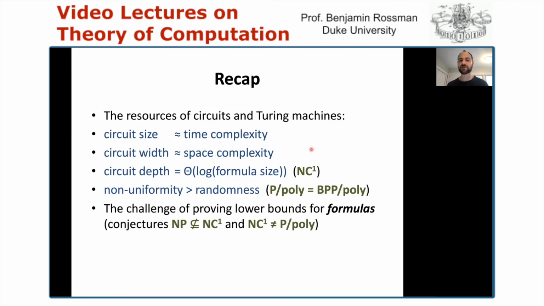We mentioned that circuit width corresponds to space complexity, and this notion of circuit depth we showed is within a constant factor of log of formula size, and this gives the definition of the class NC1. We also showed that non-uniformity is a more powerful resource than randomness. So in a non-uniform setting, every randomized algorithm can be made deterministic.